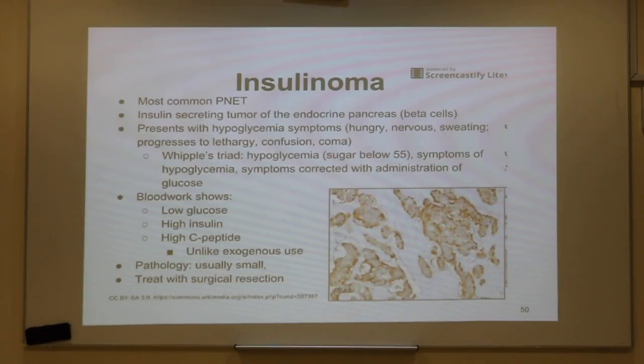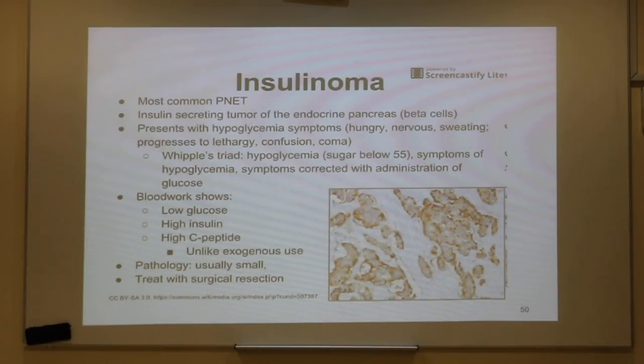So these are hypoglycemic symptoms. You would have decreased blood glucose level, and the third thing is high insulin level, and that is called Whipple's triad. So if you have low blood glucose, less than 50 milligrams per deciliter, and still very high insulin level, this means that you probably have insulinoma. But you need to differentiate insulinoma from an exogenous use of insulin secreting drugs.